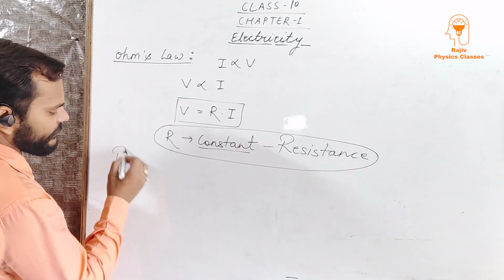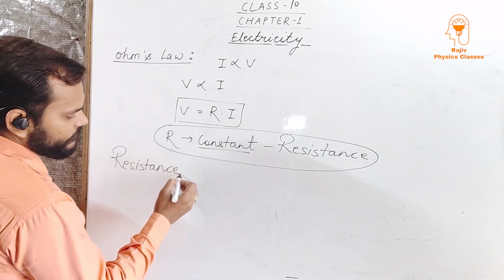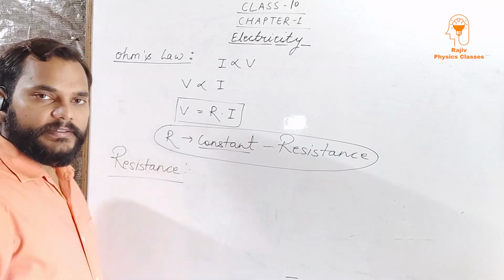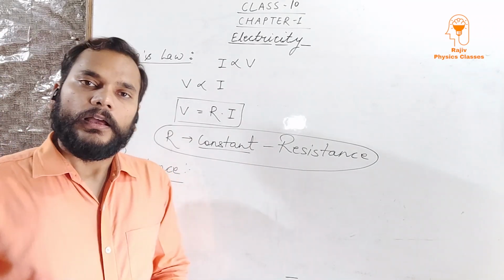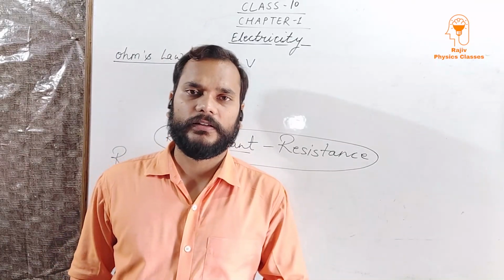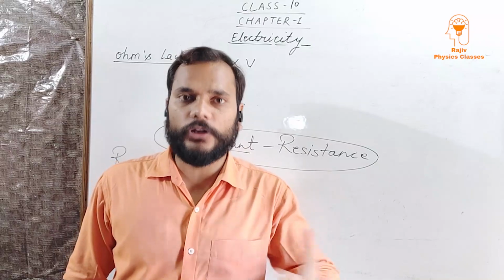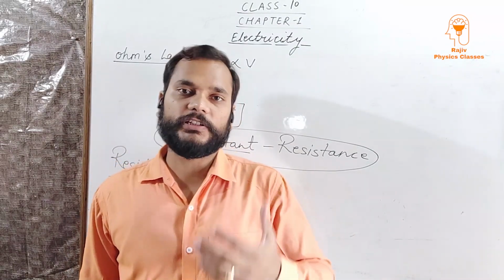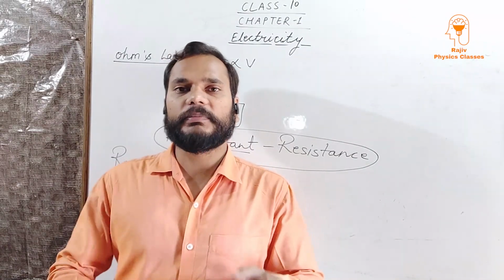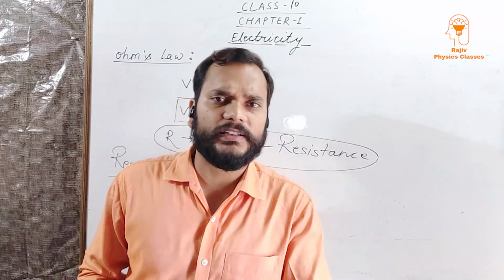What is resistance? Do you know about friction? Friction is the opposite force which tries to oppose your motion. Similarly, in case of electricity, resistance is also just like this.